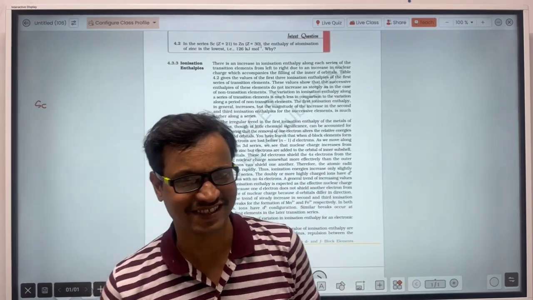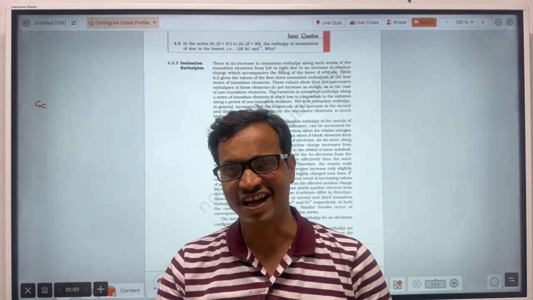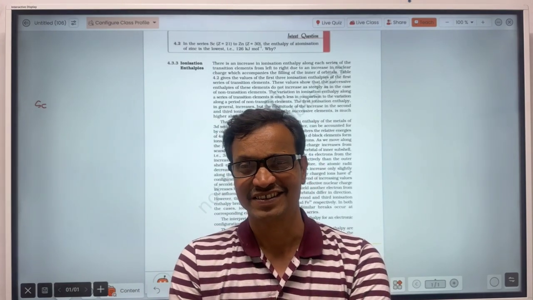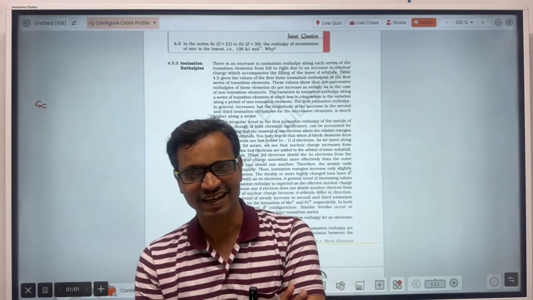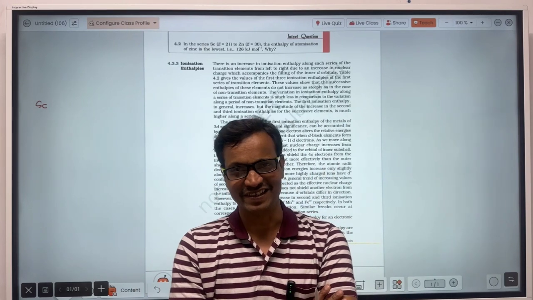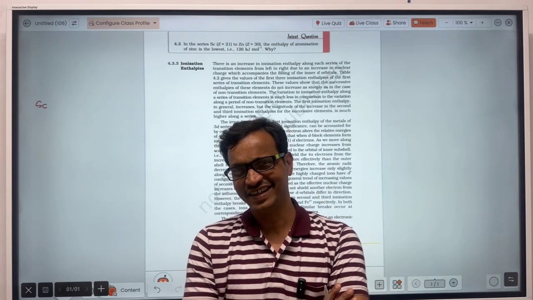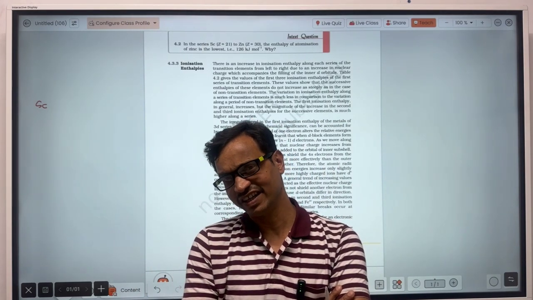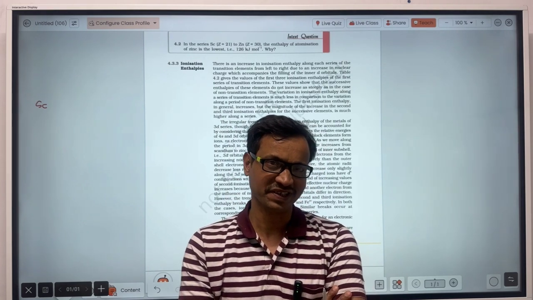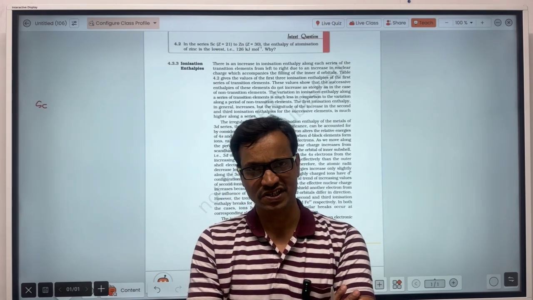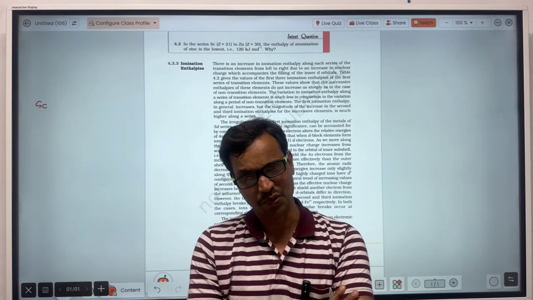Don't be confused that since the last electron enters the 3d orbital, the electron will be released from 3d. The last electron enters the 3d orbital, but the first electron will be released from the 4s orbital.